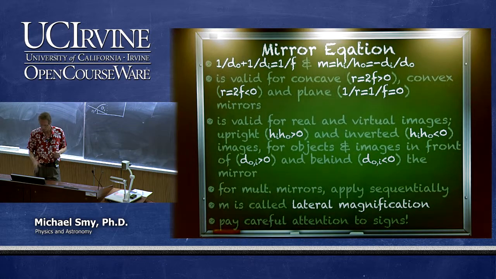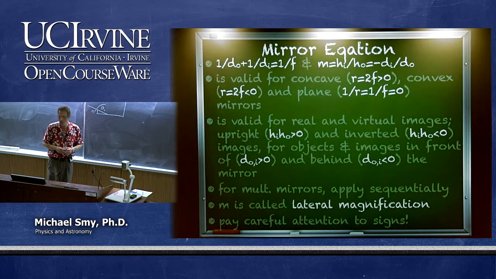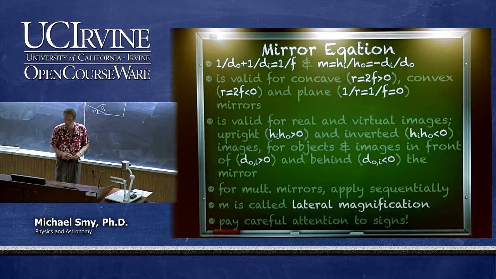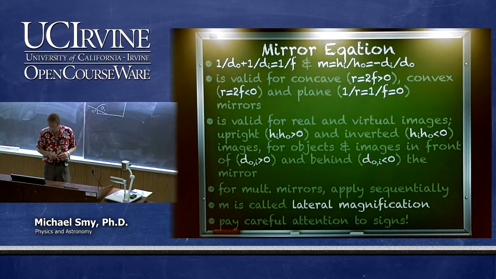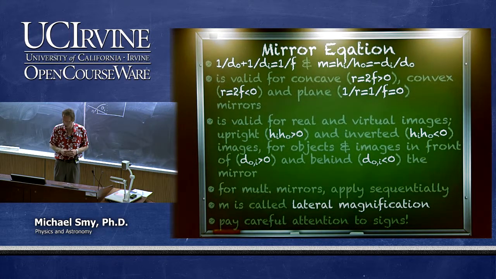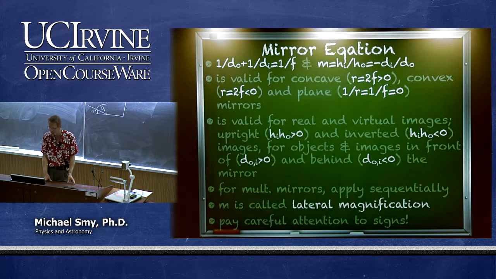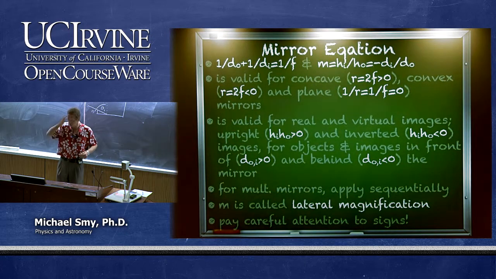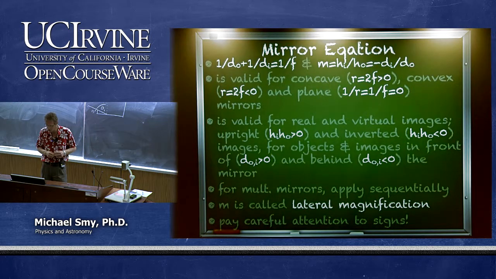As well as plane mirrors, in which case 1 over the radius and 1 over the focal length is considered to be 0, or the radius and focal length is considered to be infinite. It is valid for real and virtual images, for upright images, where the image height and the object height have the same sign, and inverted images where they have opposite signs. It's valid for objects and images in front of the mirror or behind the mirror.